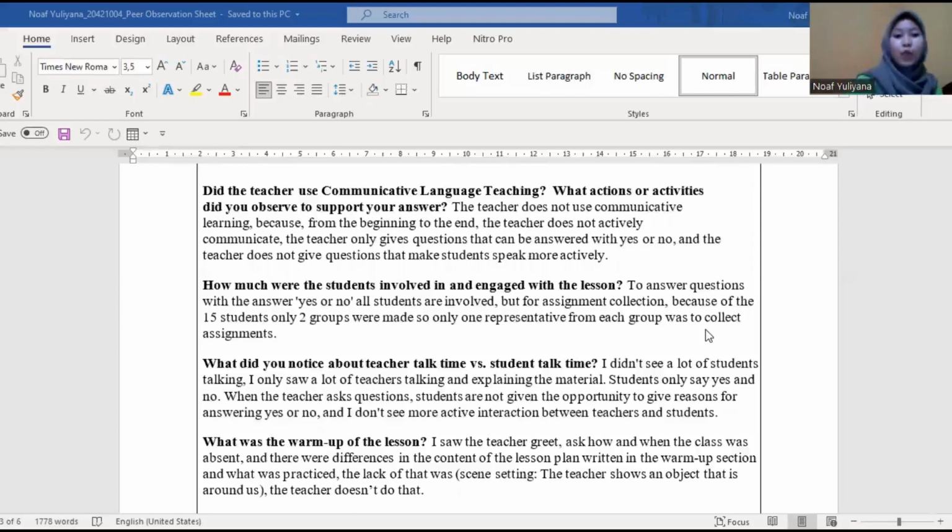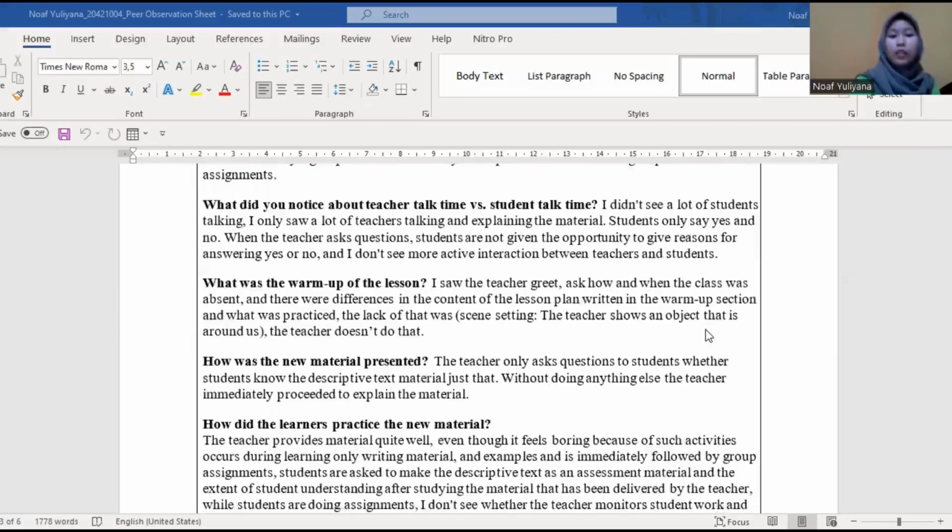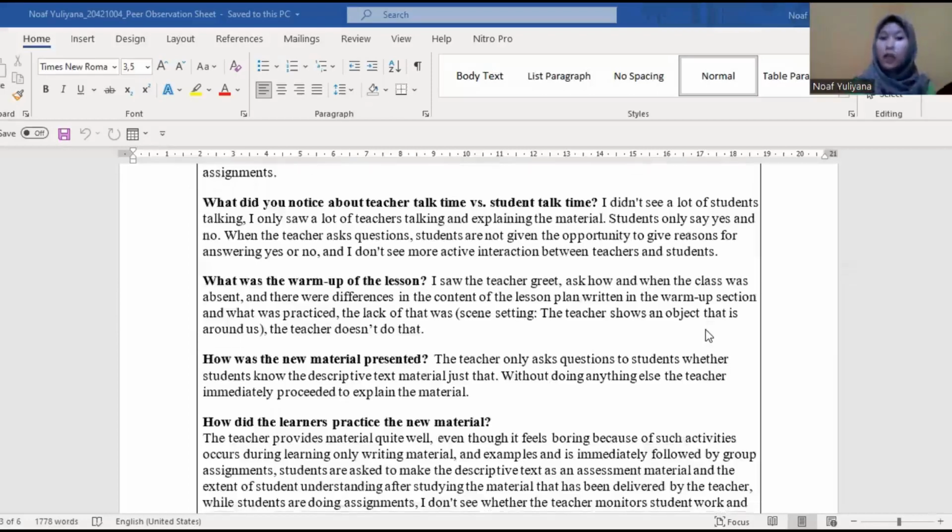And the third is, what did you notice about teacher talk time versus student talk time? I didn't see a lot of students talking. I only saw a lot of teacher talking and explaining the material.